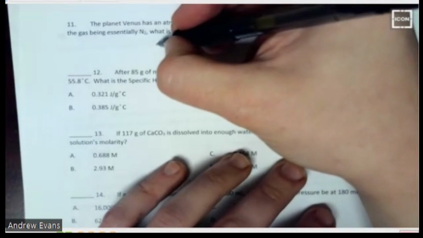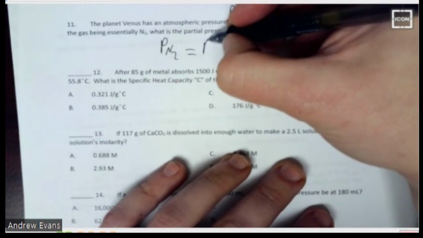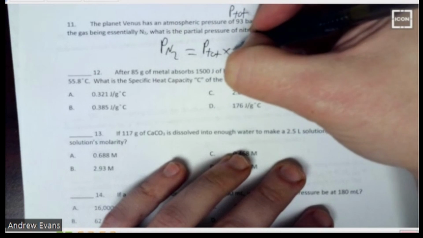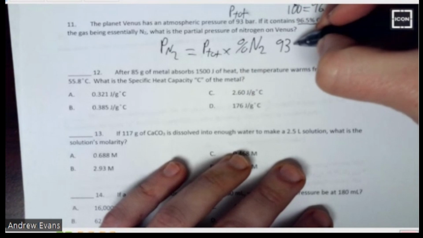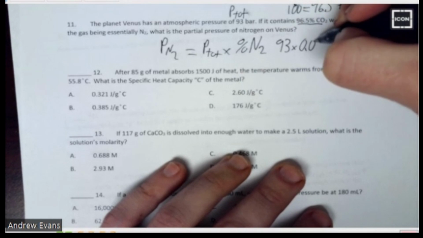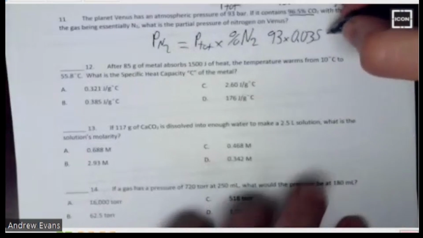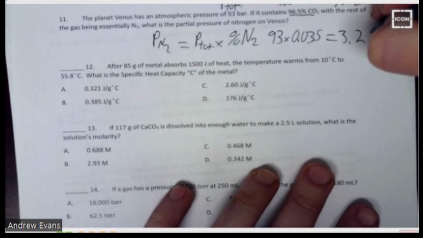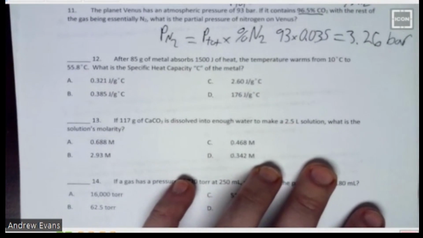So to calculate this, P of nitrogen is going to be P total times percent nitrogen. So 93 times 0.035, and it comes out to like 3.26 bars. Easy enough.